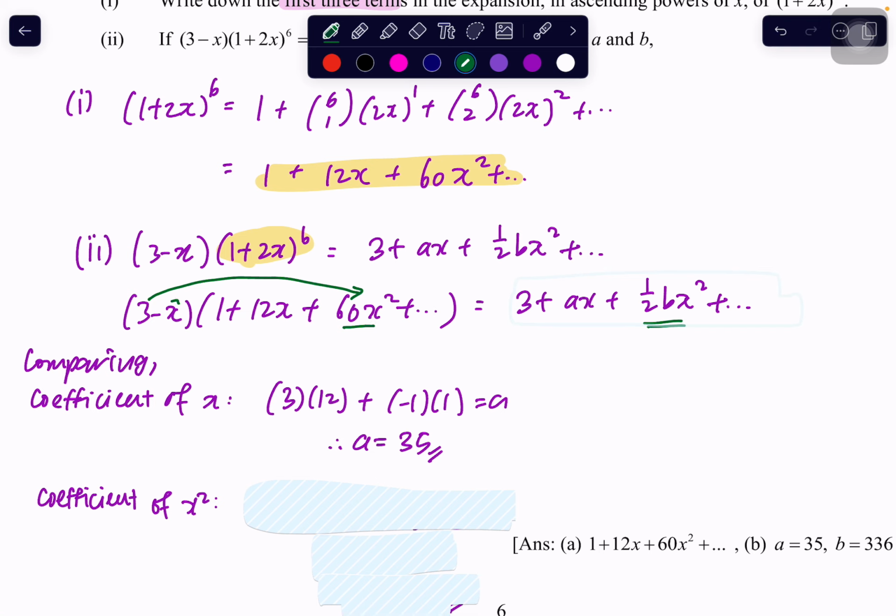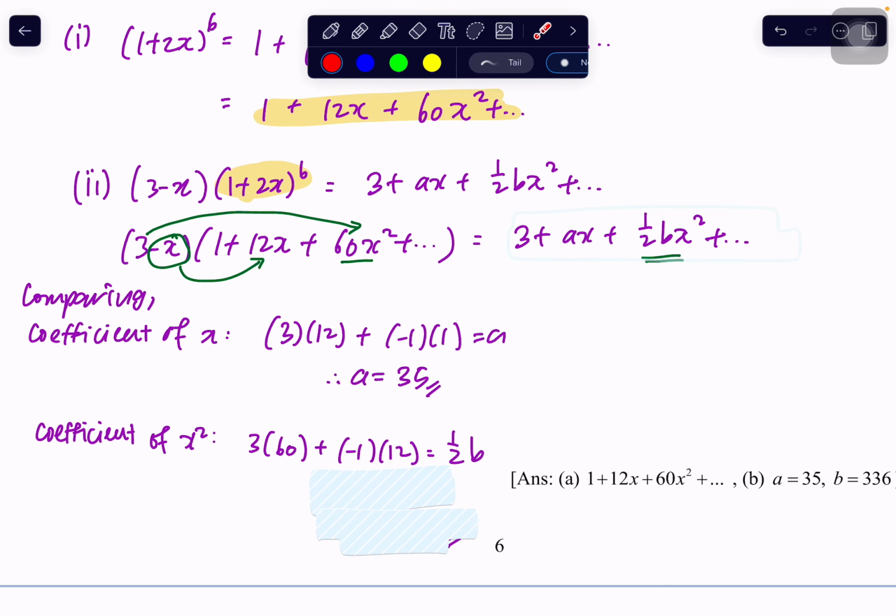And of course, the x term should be multiplied to another x term to give you the x squared term, so negative x times 12x. There should be nothing else, because any other expansion will give you a term that is not x squared. So as you can see, 3 times 60 plus negative 1 times 12 will be equal to 12b.